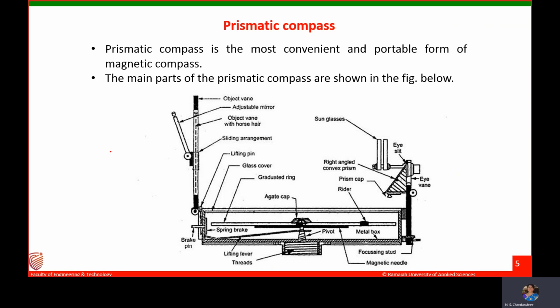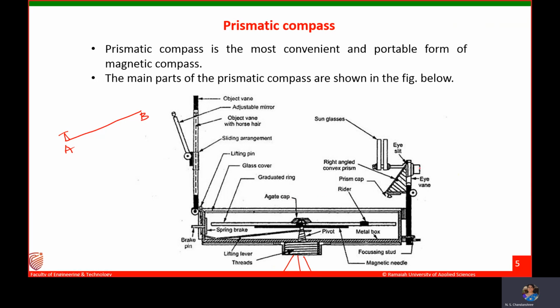Now, how do we start? If I want to measure the direction of any given line AB, first I set the instrument at station A. I set this compass using this thread on a tripod stand. Once this is set, it is leveled using a level tube.